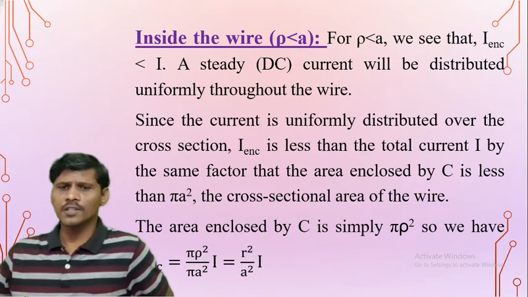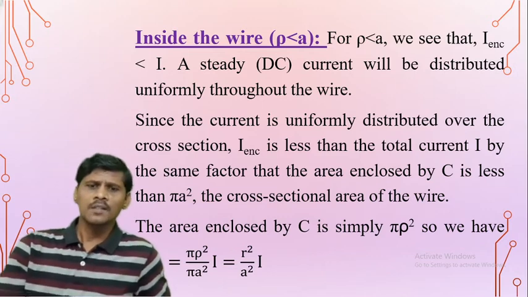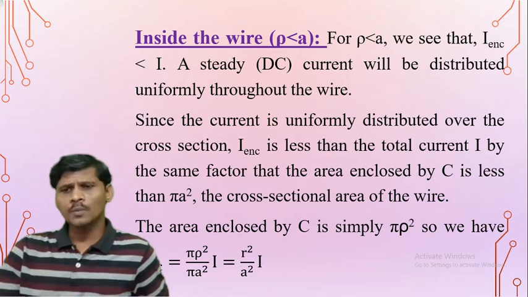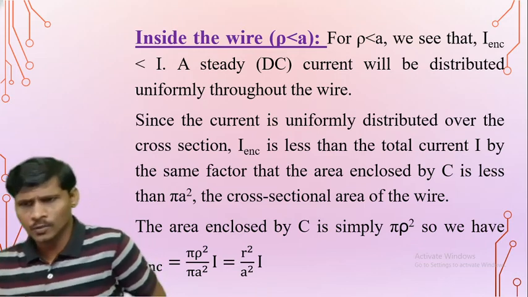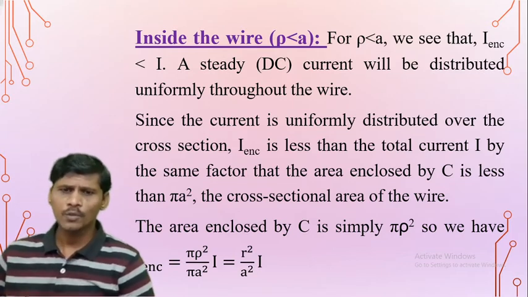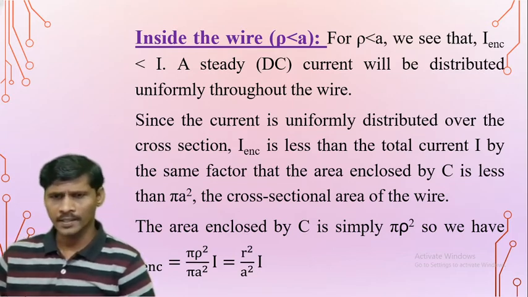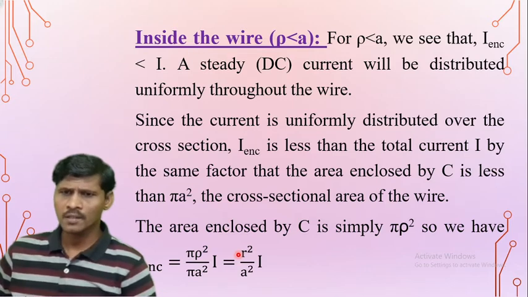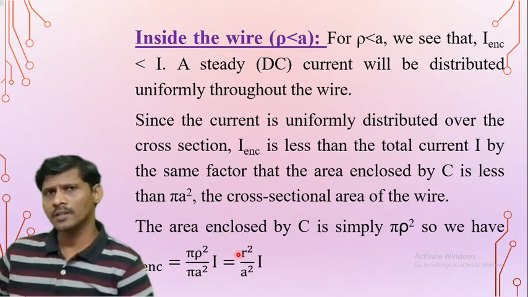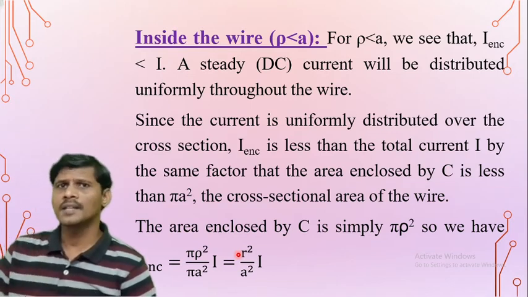The area enclosed by the Ampere path, or closed path, is simply pi rho squared. So the enclosed current is pi rho squared by pi a squared, where pi rho squared is the cross-section area of the Ampere path and pi a squared is the cross-section area of the conductor.